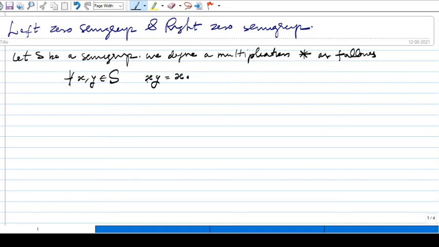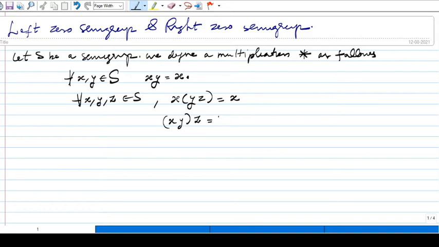How do you prove that it is a semigroup? We must prove that it is associative. To show associativity, we take any three elements x, y, z in the semigroup and calculate x star (y star z). This would be x, because as per our definition, you get the left number. Now look at (x star y) star z.